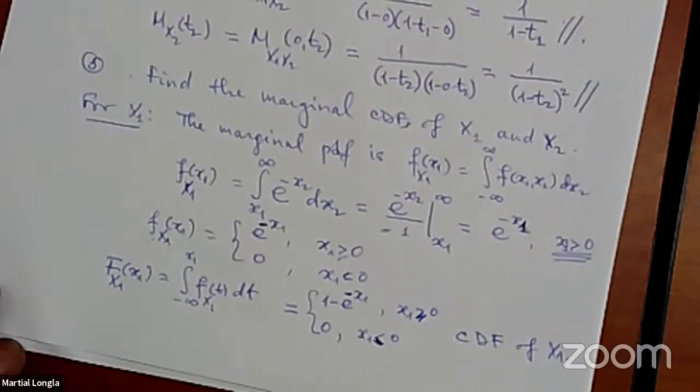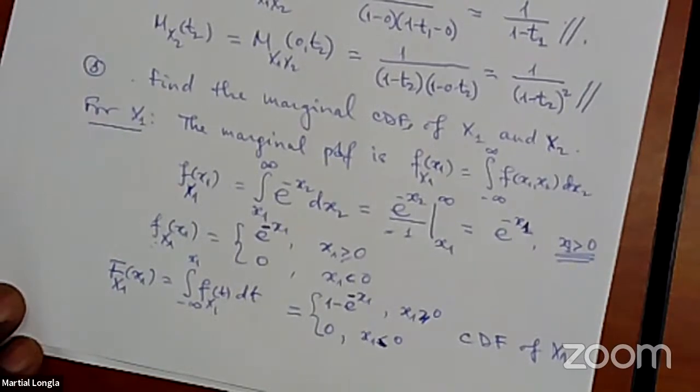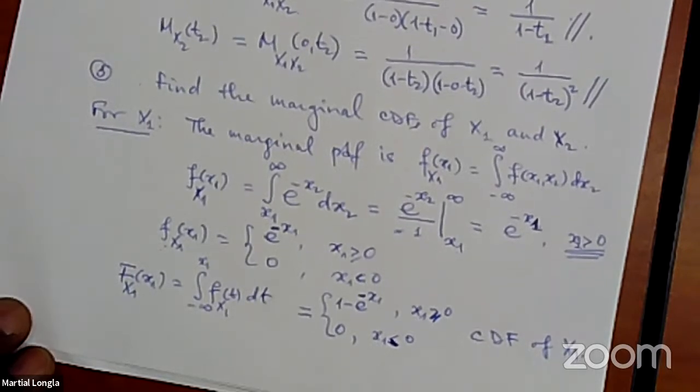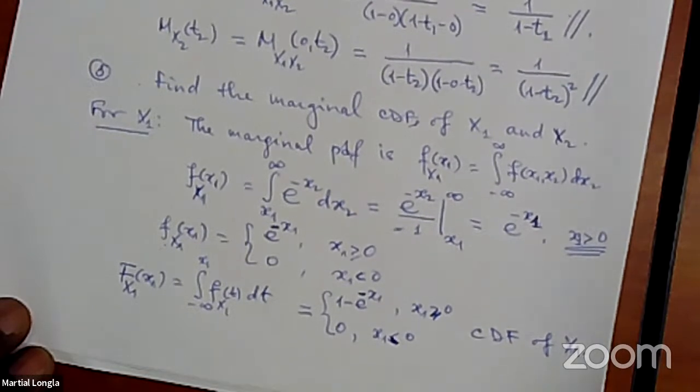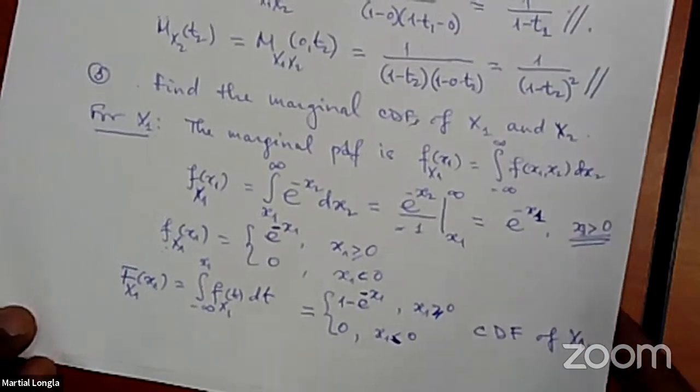Now we can do the same thing for x2. Ready? Everybody okay? Now you tell me, how do we do it for x2? What would be the range of integration for x2?